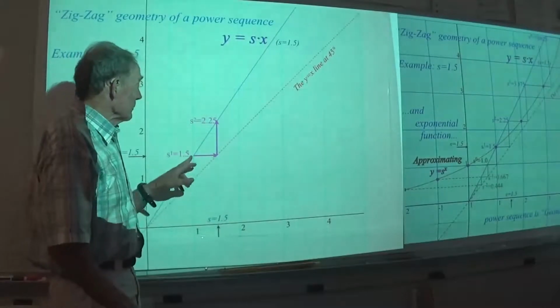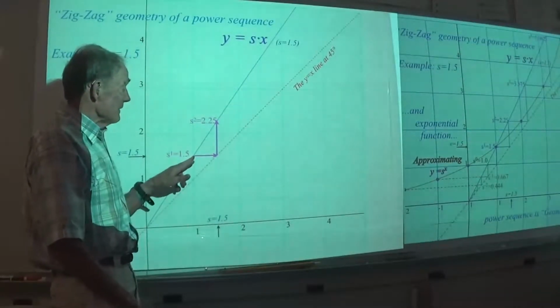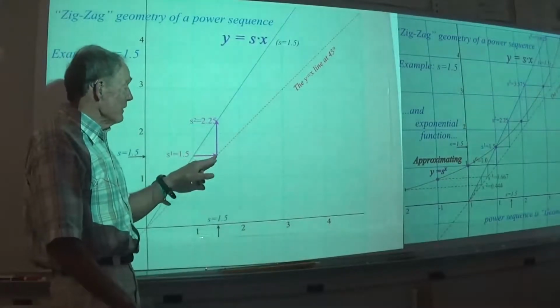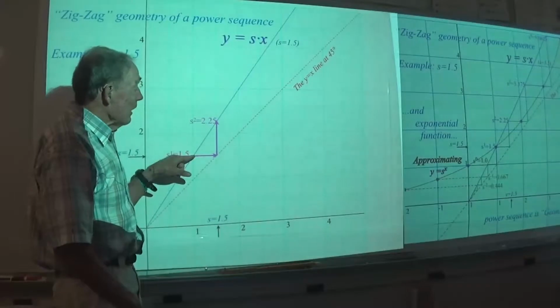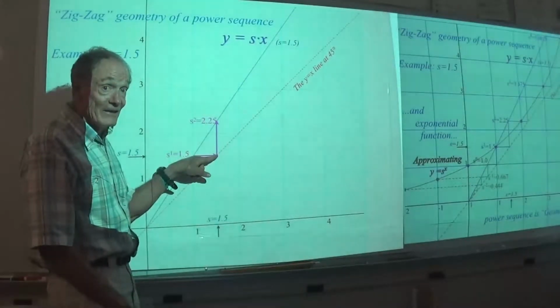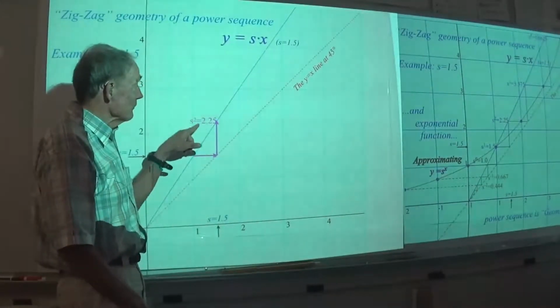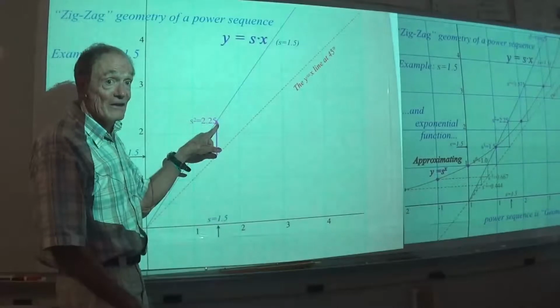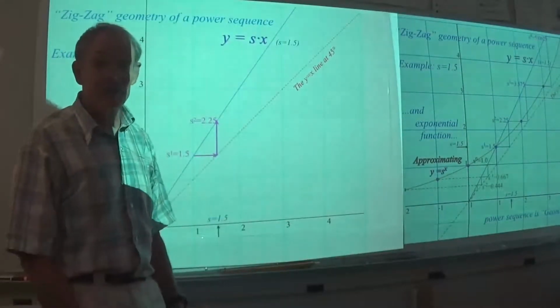Basic idea is I made a line here with a slope of 1.5, and then I zig from 1 to here, that's 1.5, and then I say y equal 1.5 times 1.5, that's the product. And each zig puts another power on it, right? Okay. Is that a good question?